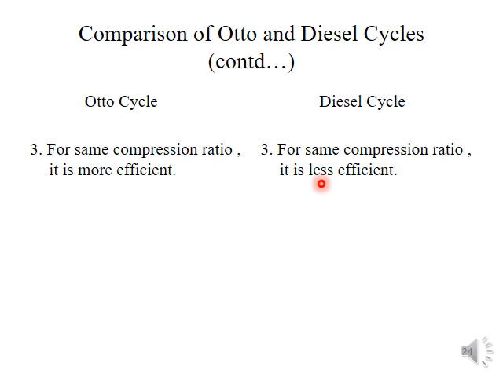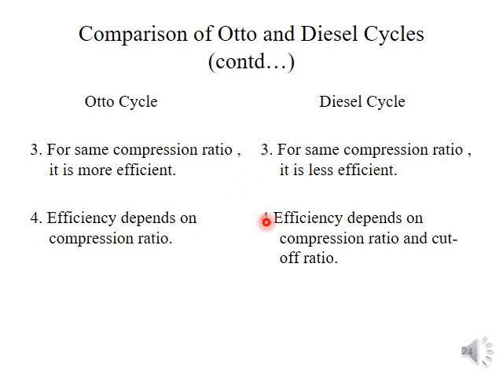Efficiency of the Otto cycle is more than that of the diesel cycle. Also in the Otto cycle, the heat rejection is very less compared to the diesel cycle. If you draw the graph of both the Otto cycle and the diesel cycle, we can clearly observe that the heat rejection of the Otto cycle is less than that of the diesel cycle. So efficiency depends upon compression ratio in the Otto cycle, whereas in the diesel cycle it depends upon both the compression ratio and cutoff ratio.